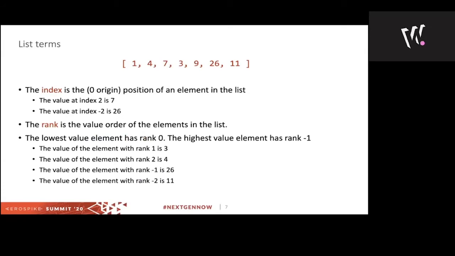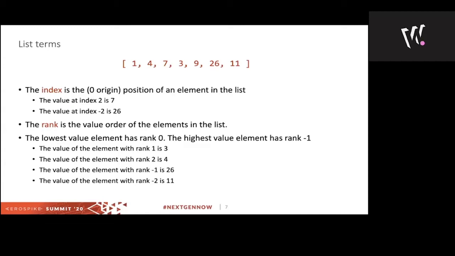Here's an example list. It's just an unordered list of numeric values. The index, starting at 0, is the position of the element in the list. So the value at index 2, if you go 0, 1, 2, is 7. And the value at -2 is 26. -1 would be 11. The rank is the value order of the elements in the list.